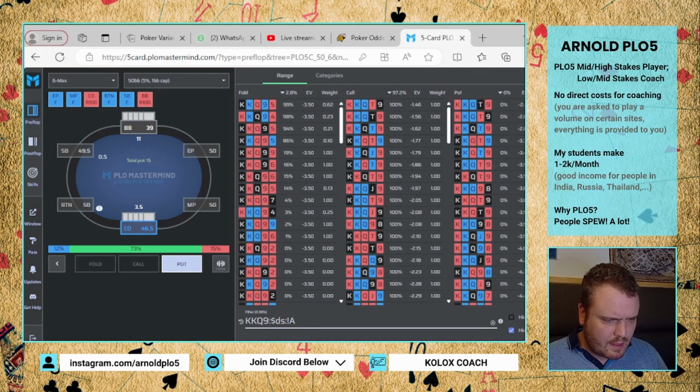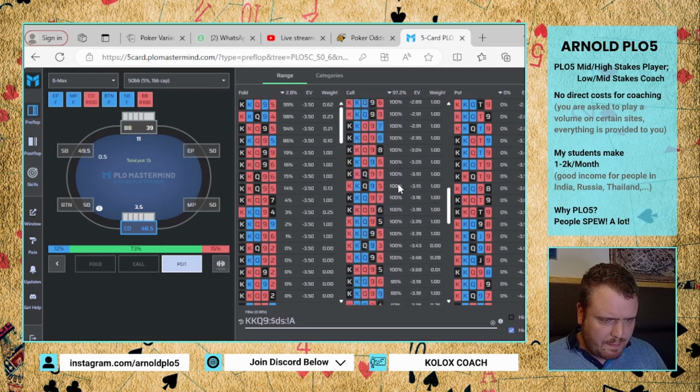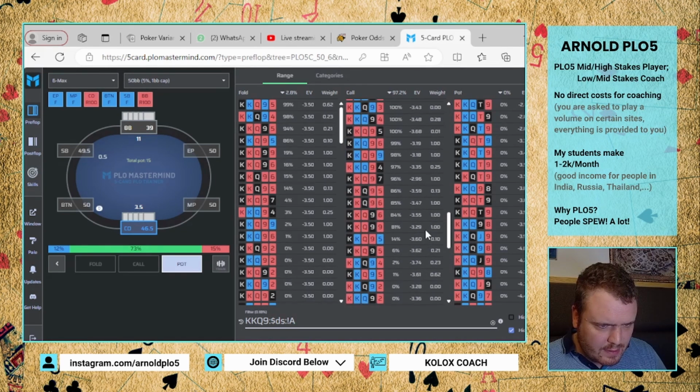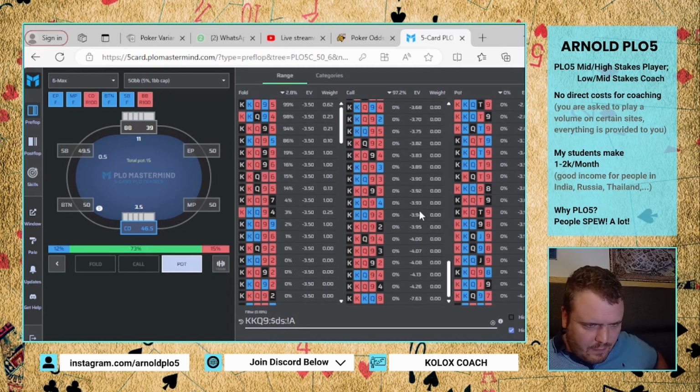So, yeah, the only better hands are king, king, queen, 9 deuce. You see those hands. It was a 50 big blind mistake to call those hands. It's interesting that it's even in there.